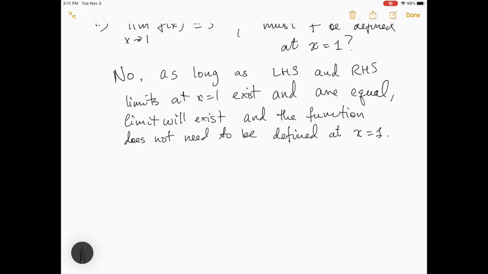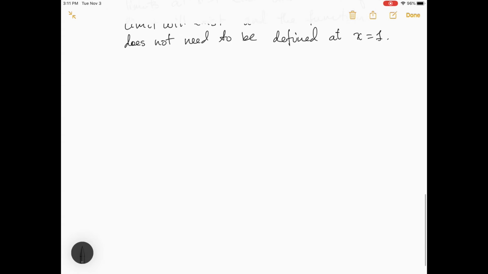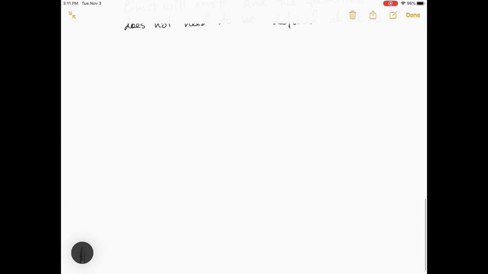Alright, so now I will do a problem that looks at finding the limits numerically. Here I'm given a function g of theta equal to sine theta divided by theta. And I'm asked to compute the limit as theta goes to 0 of this function, g of theta.